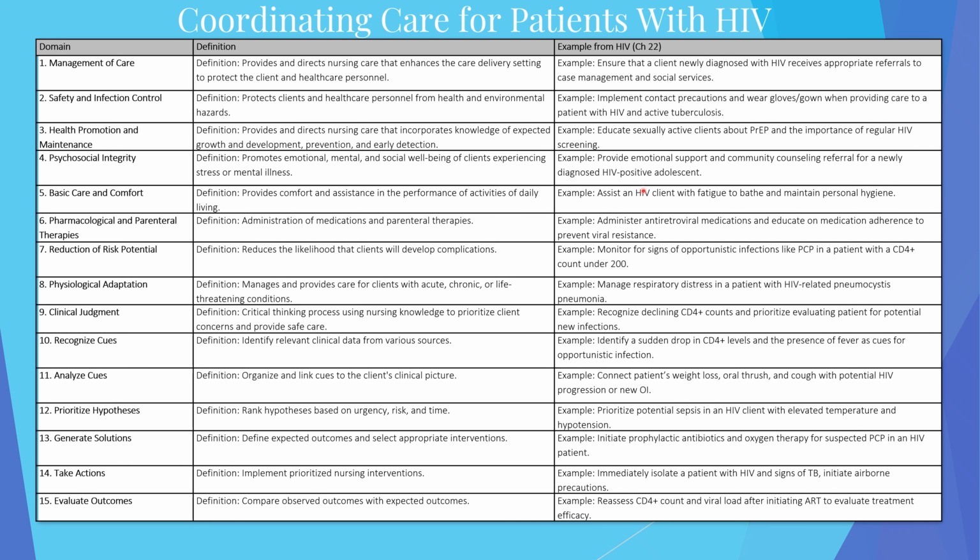Clinical judgment: recognizing declining CD4 plus count and prioritizing evaluating the patient for potential new infection. Recognizing a cue: identify a sudden drop in CD4 plus level and the presence of fever as cues for opportunistic infection. So think here, some patients can have a high fever, but they can also have a very low grade fever.